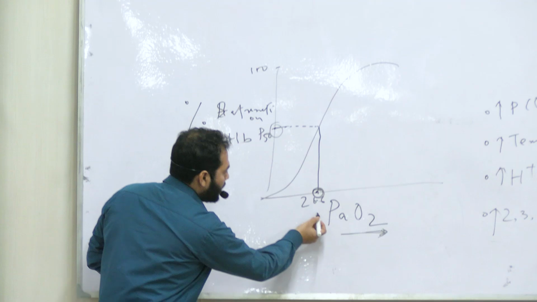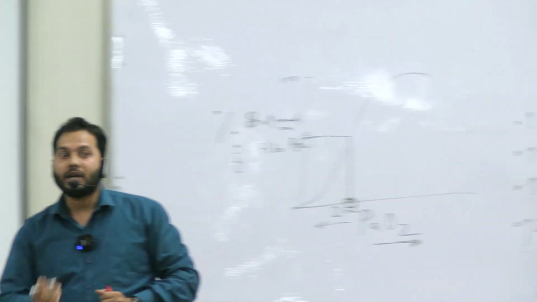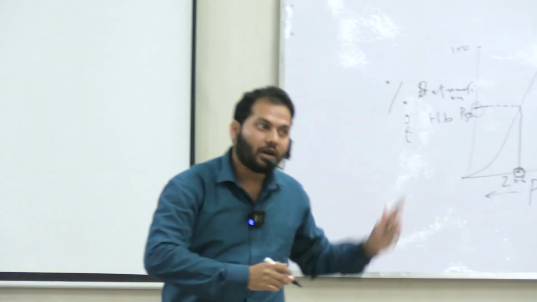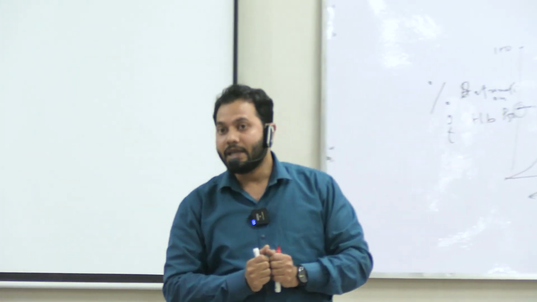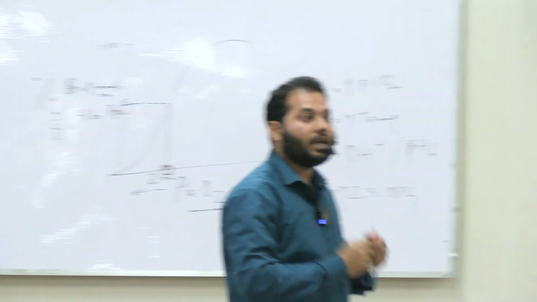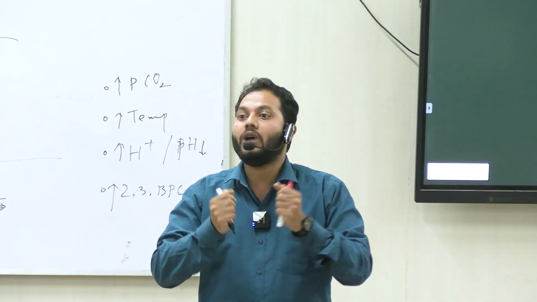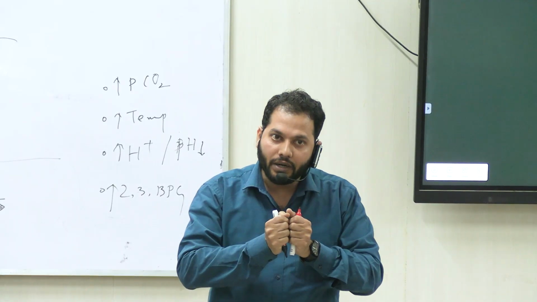If the graph shifts towards the left side of the normal one, it means the affinity between oxygen and hemoglobin is more. The oxygen binds tightly to the hemoglobin molecule, right?